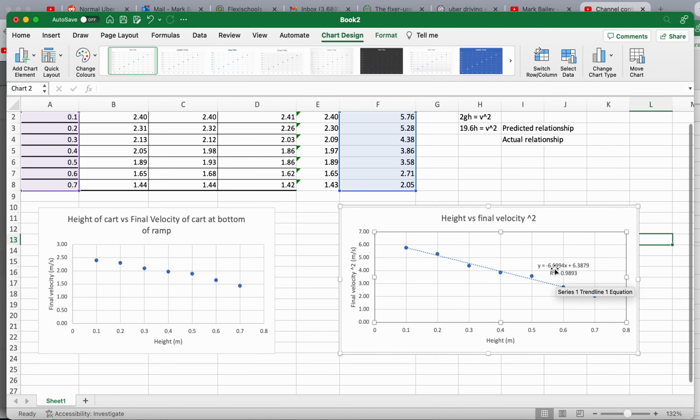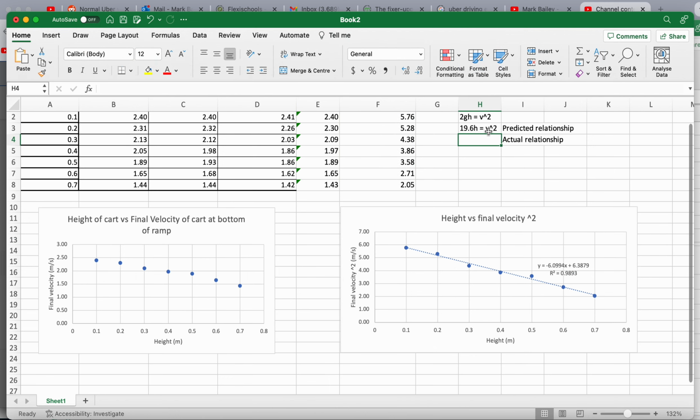And then this is your gradient. Y equals mx plus c. Here the height is x, and final velocity squared, v squared, is your y.